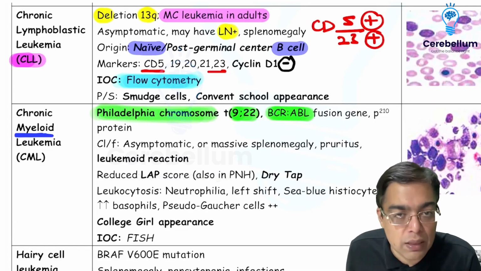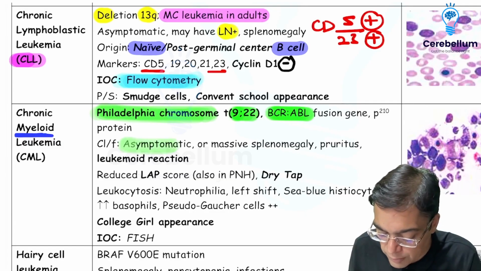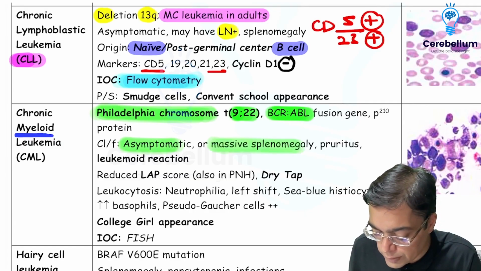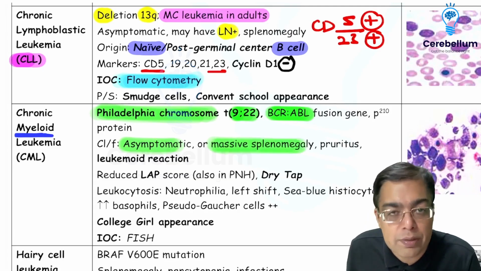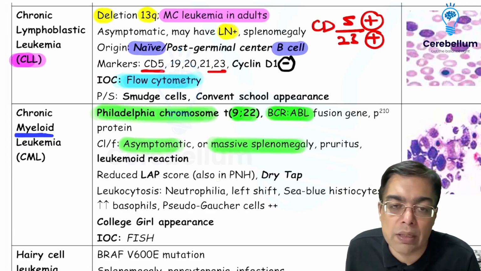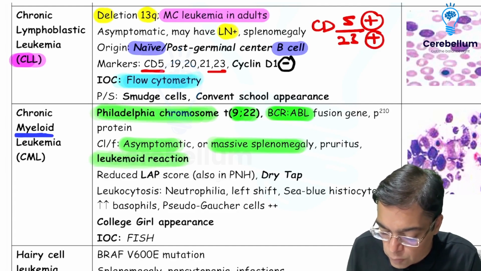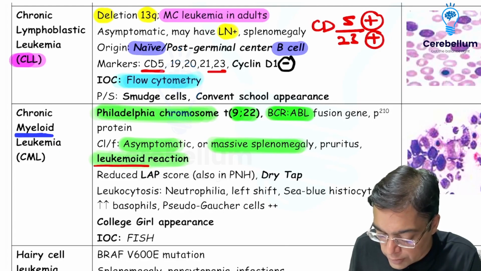As in case of CLL, a lot of these patients may be asymptomatic or the patients are going to be having the presence of a massive splenomegaly. This massive splenomegaly may be associated with compression of the stomach, so patient can have a complaint of a reduced appetite or they can even have a weight loss. Some of the patients can be having a development of increased TLC count which is going to be associated with the differentiation of this condition from a condition like leukemoid reaction.